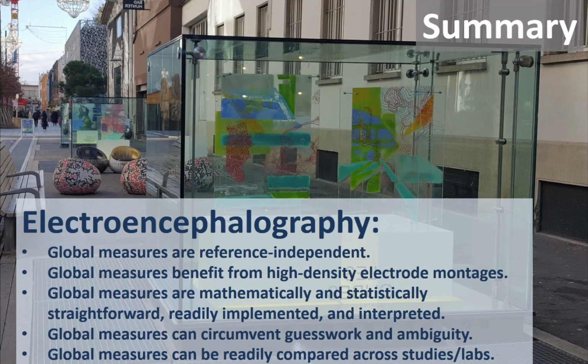And I think these global measures allow for an easier multicentric approach to our research. And this is something very important nowadays in neuroscience and clinical research, being able to replicate across labs, across studies. If you're using global and reference-free measures, this is entirely facilitated.